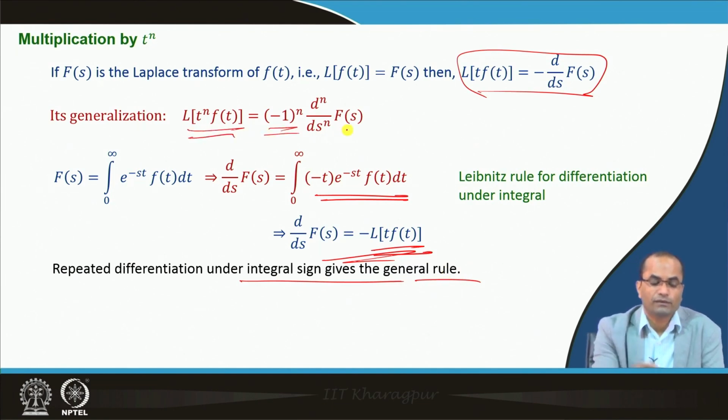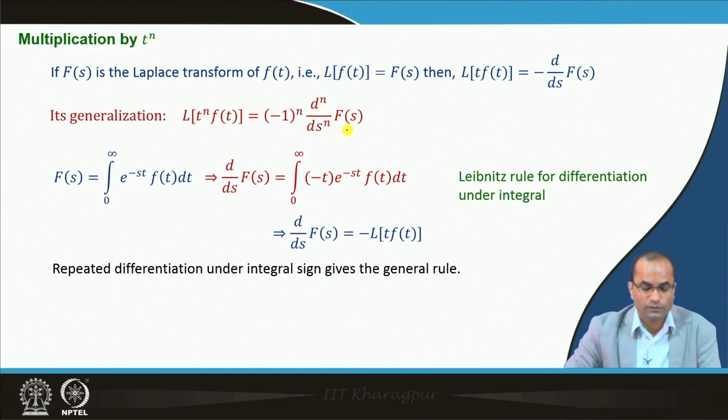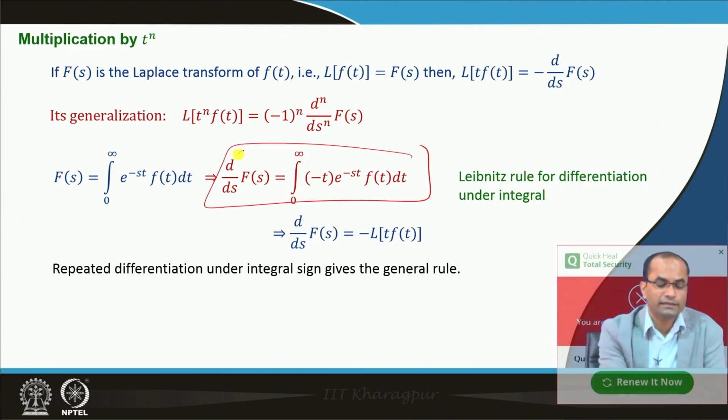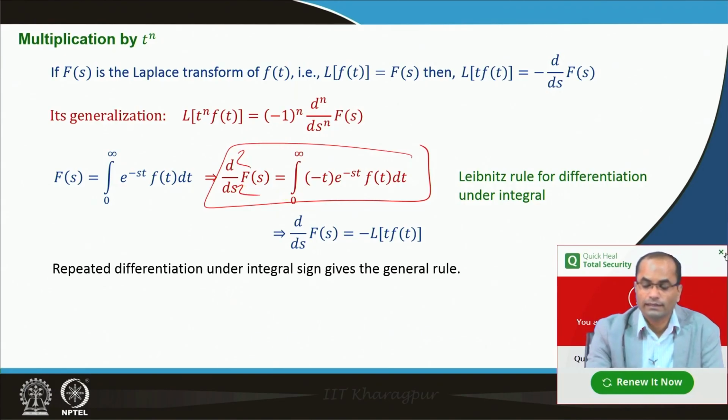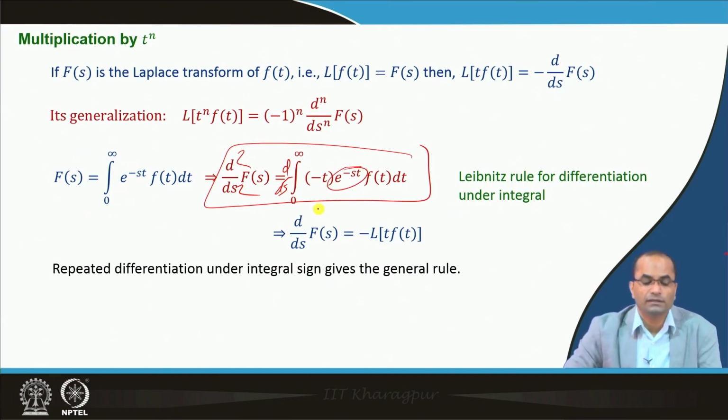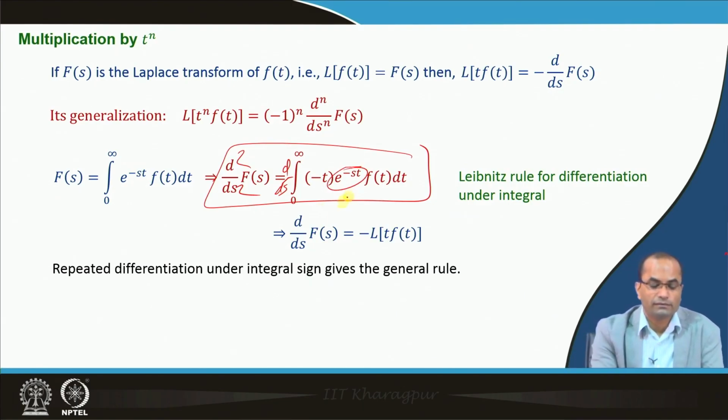This repeated differentiation can give us the general rule, which says the Laplace transform of t power n f(t) is minus 1 power n, d power n over ds n of F(s). If we differentiate again, we will get d 2 over ds 2, and then here we have again d over ds.